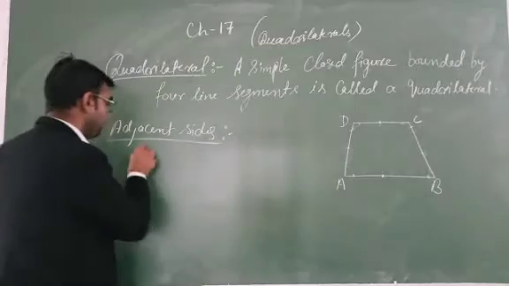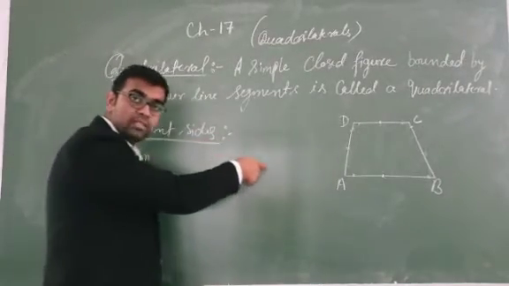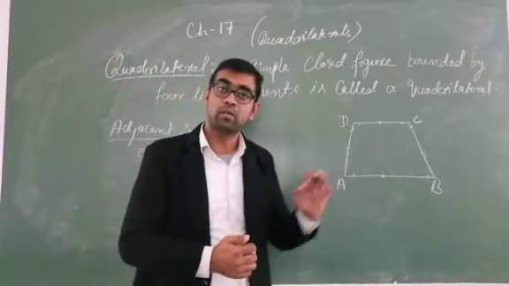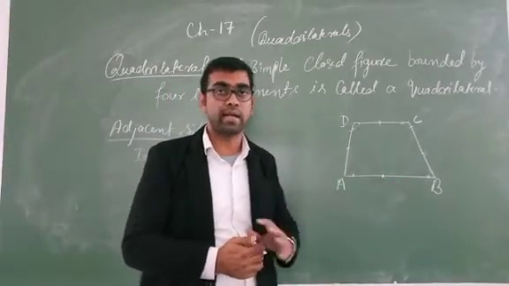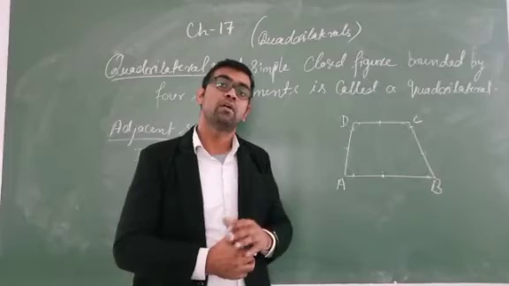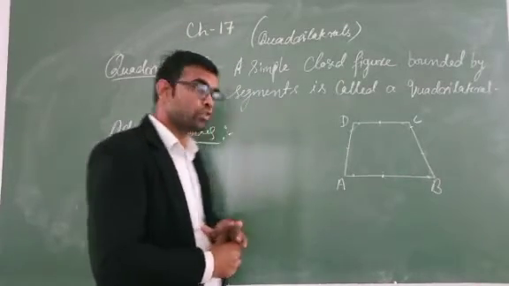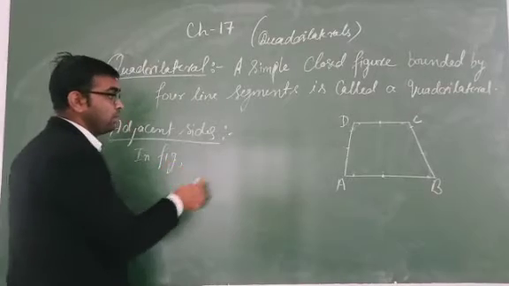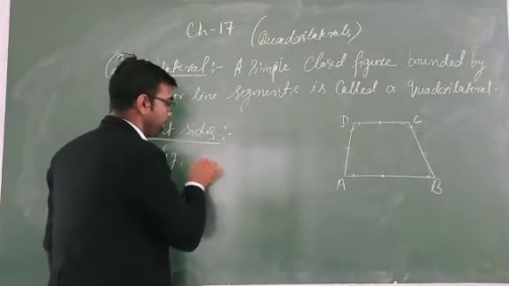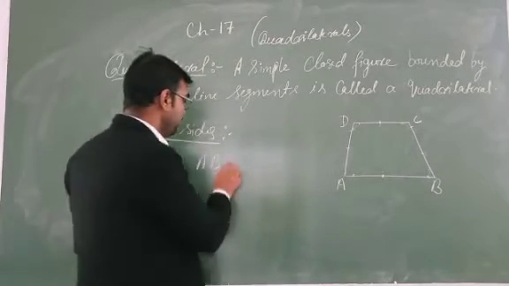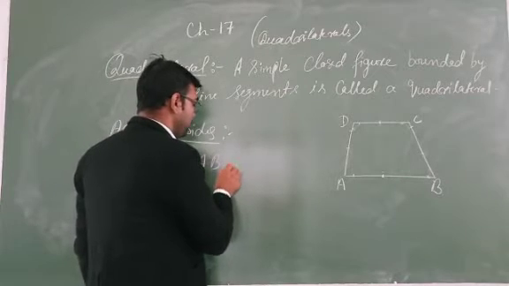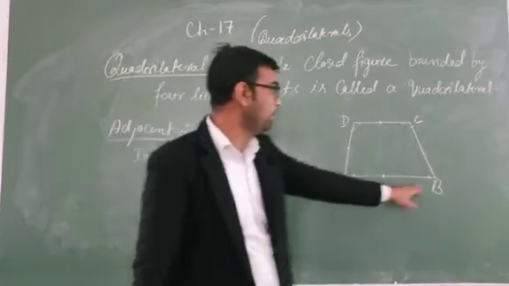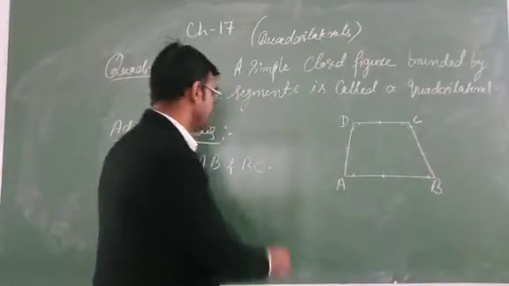In the figure you can write the definition: two sides of a quadrilateral are said to be adjacent if they have a common endpoint. So in this figure, AB and BC are adjacent.